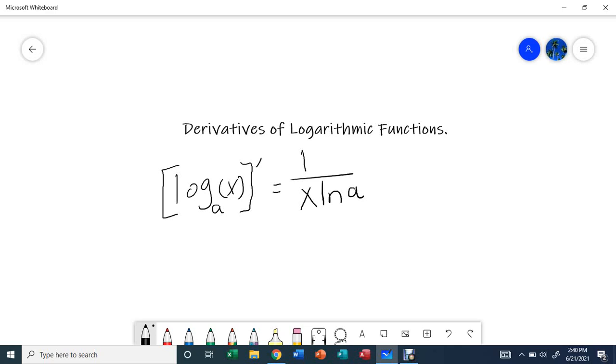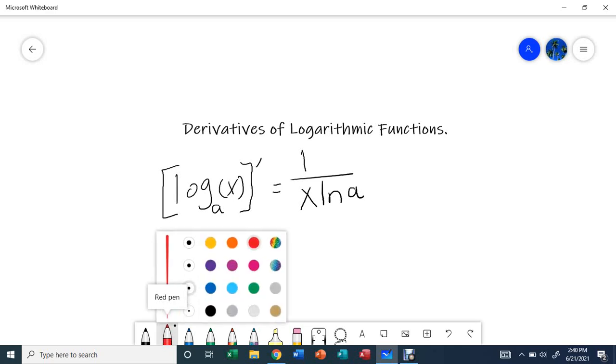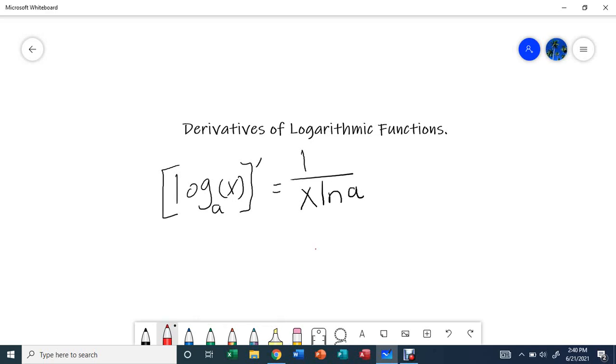So let's do an example here. First of all, we're just gonna start with easy examples and we can move to more challenging examples. So let's find the derivative of log base 5 of x plus 1.